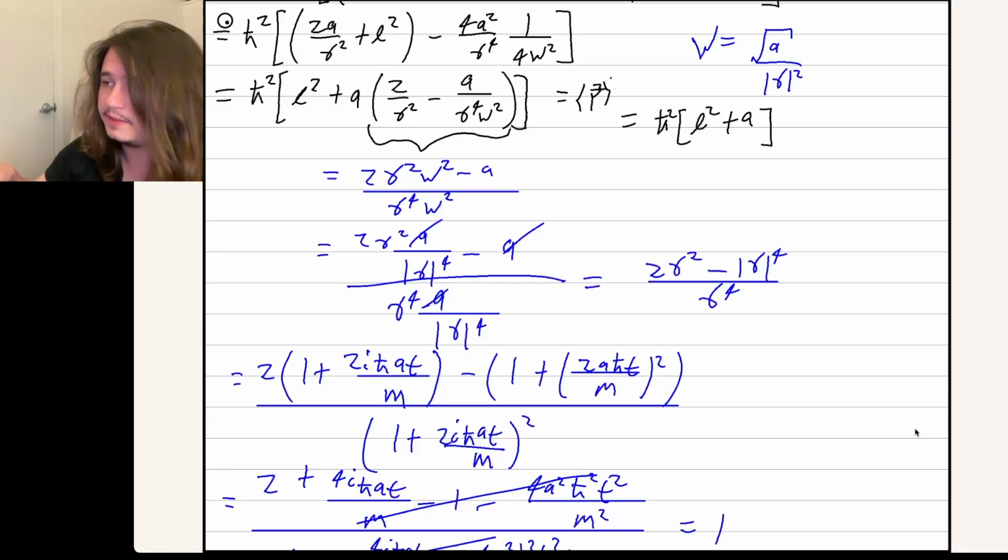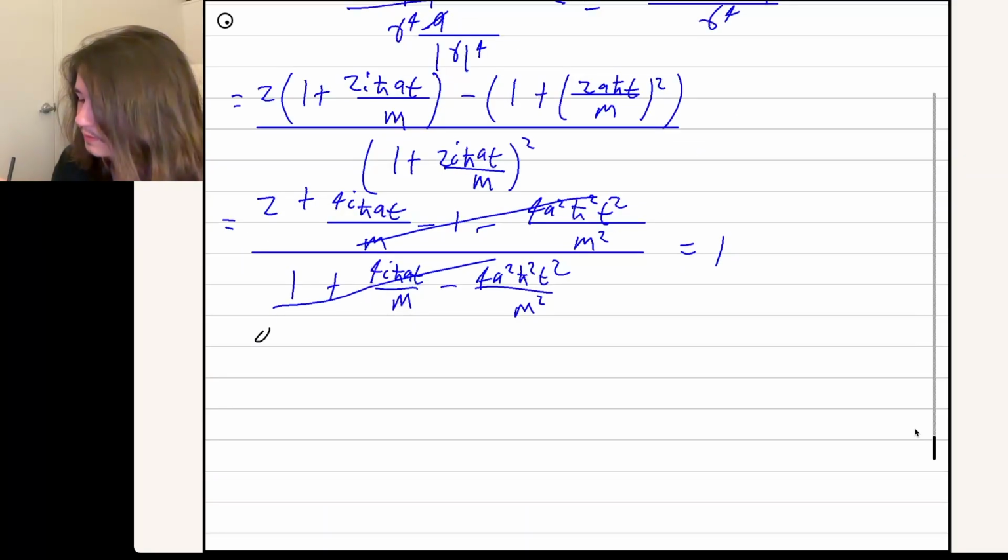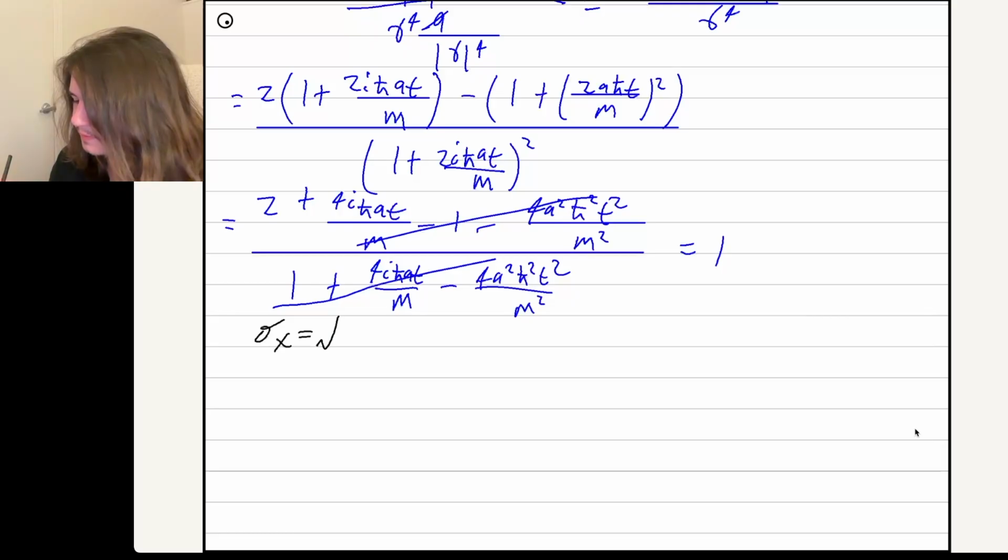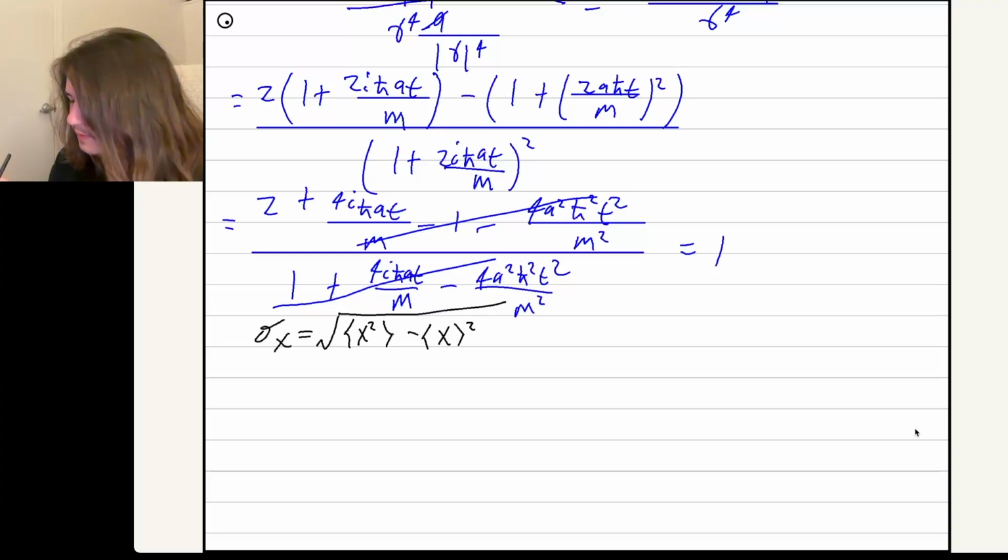So now we can finally do the uncertainties. So this is the expectation value of x squared minus the squared expectation value of x. We had values for both of these. This one was just 1 over 4w squared plus v squared t squared.